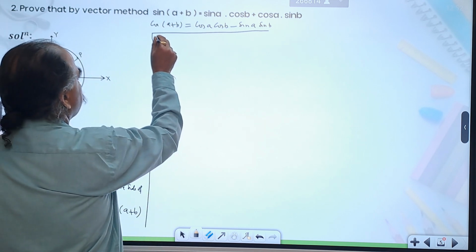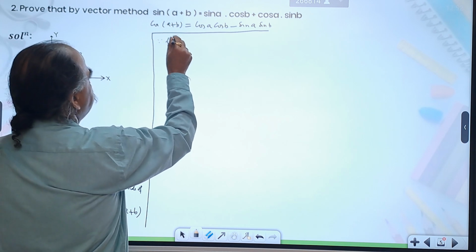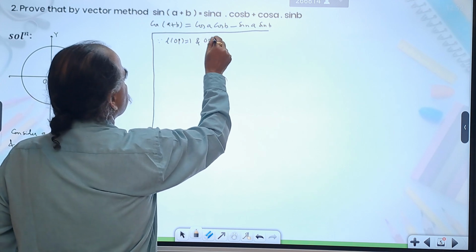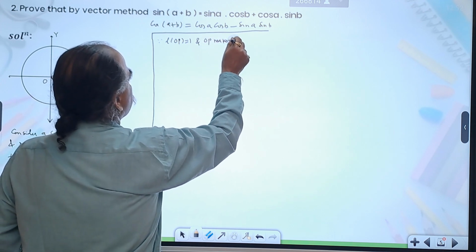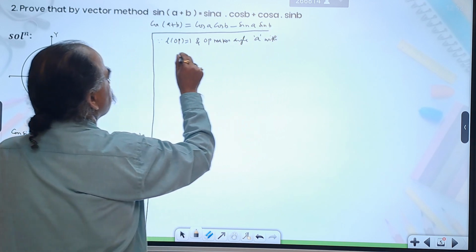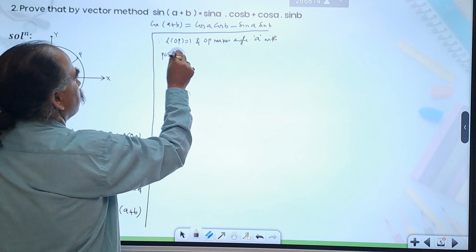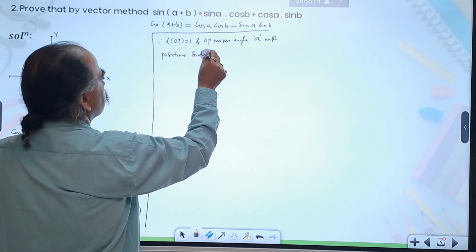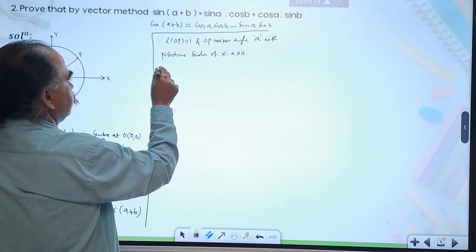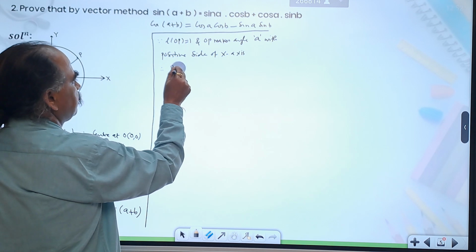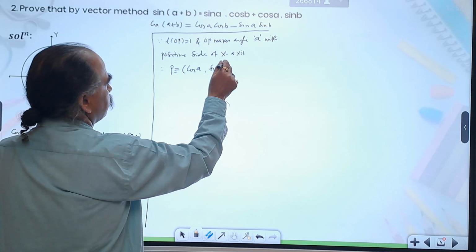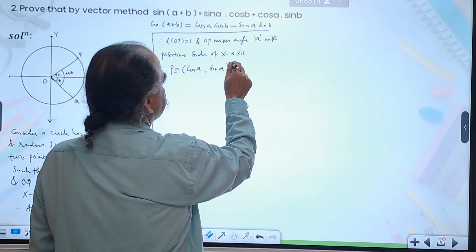Since length OP is 1 and OP makes angle A with positive side of x-axis, therefore coordinates of P will be what? Cos A comma sin A. Reason: x is what?